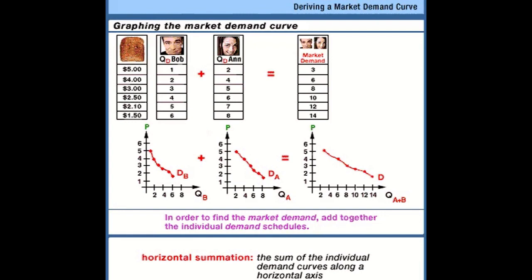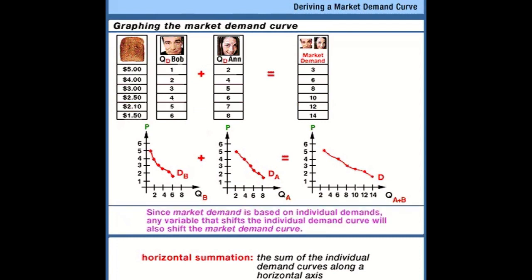Since the market demand curve is just the sum of the individual demand curves, anything that shifts the individual demand curves will also shift the market demand curve. That is, if household income changes, if the price of substitutes or complements change, if tastes and preferences change, if expectations change. Anything that shifts Bob's individual demand curve or Ann's individual demand curve will shift the market demand curve.